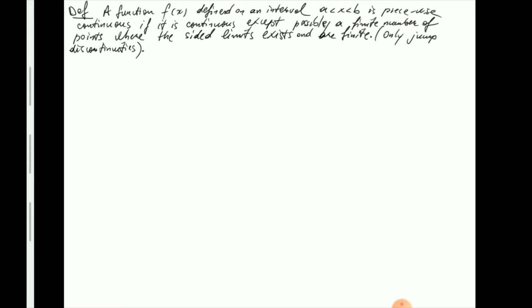So to give you an example, typically a piecewise defined function will be continuous over several pieces. It can be discontinuous, but only with jump discontinuities at those points. So for example, you could have a function that looks like that up until this point x1, and then let's say is constant like that up until another point x2 over here, and then goes like this, and then maybe like that.